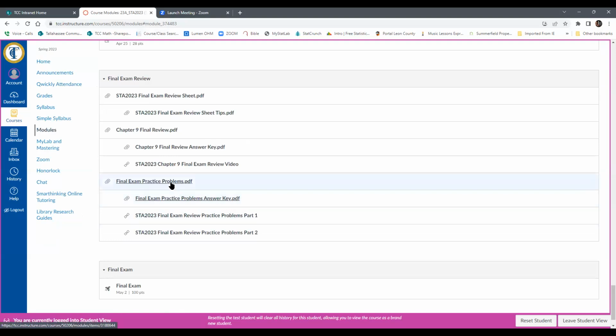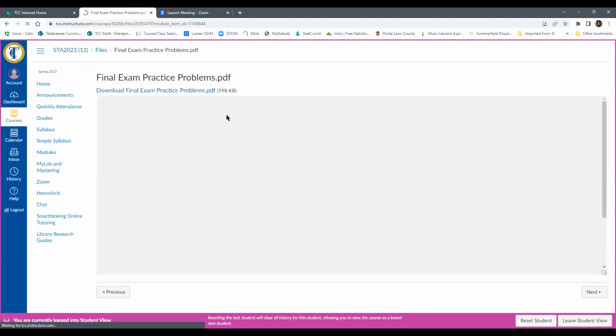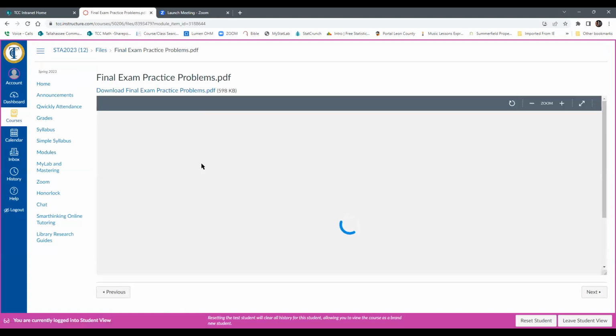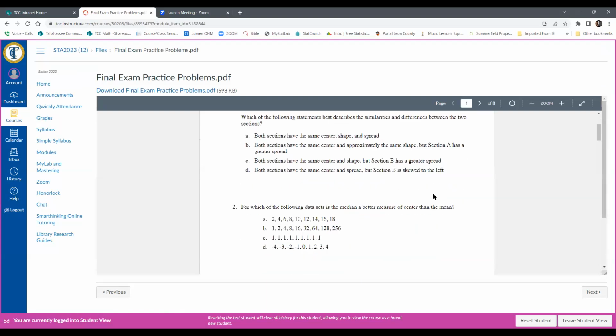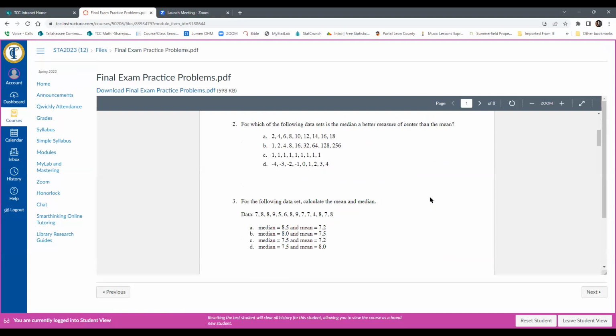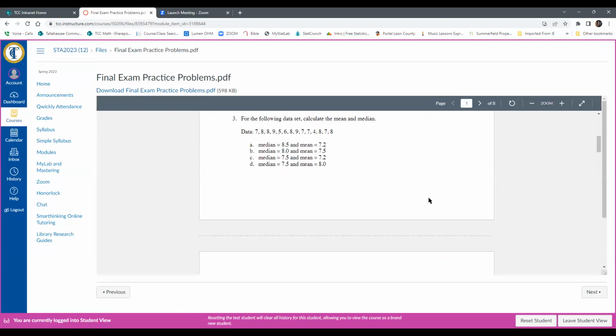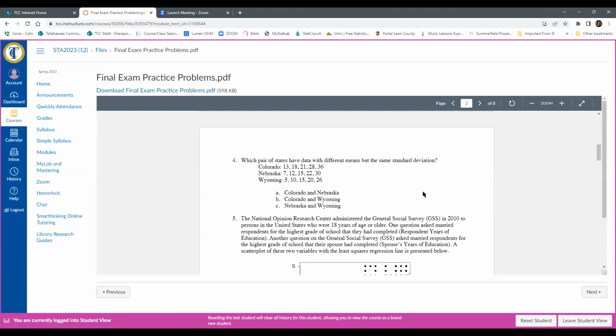These are the keys right here. So this is how it looks, something like this. You need to go and practice them. That's how you're going to be ready for the final exam.